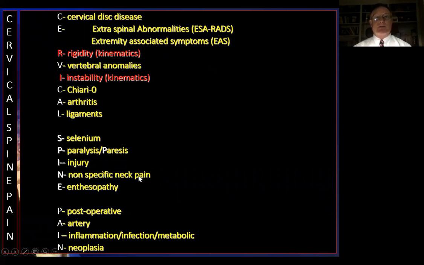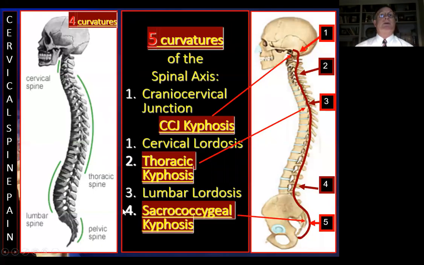And then the non-specific neck pain, which we hear so much about that I'm only including it in our discussion because you see it in the literature. There is no such thing as non-specific findings. And then spurring, enthesiopathy and so forth, postoperative changes, artery inflammation, and neoplasia.